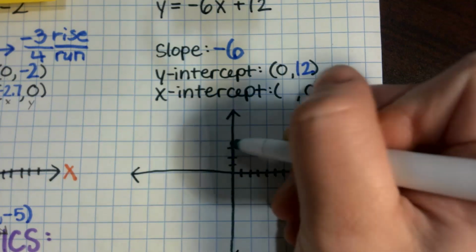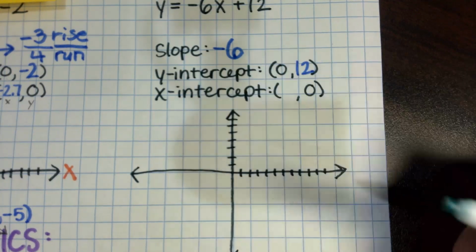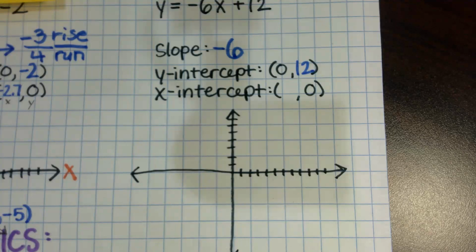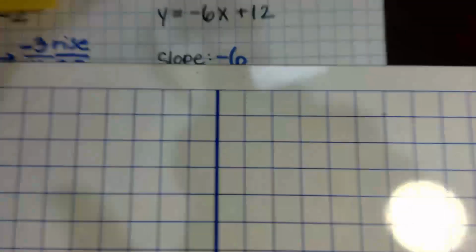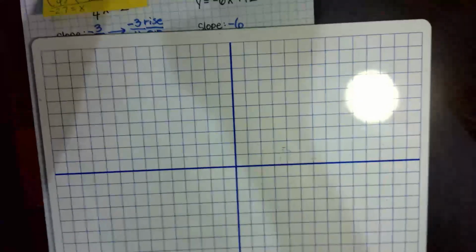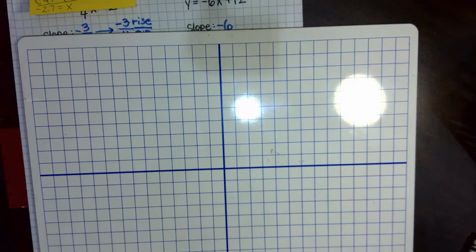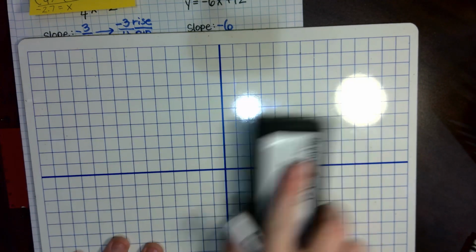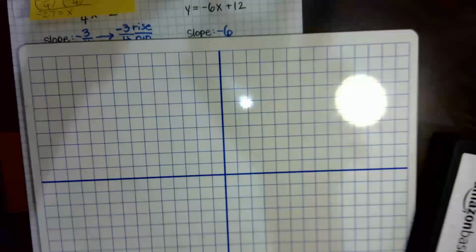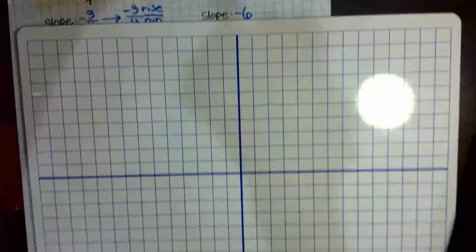One, 2, 3, 4, 5, 6, 7. Oh my goodness, this isn't even gonna fit on here. Okay, I'm gonna do it on a board separately so that you can see the actual whole thing. Okay, let me get a marker. So, we have here, let me make this so that you can see it.